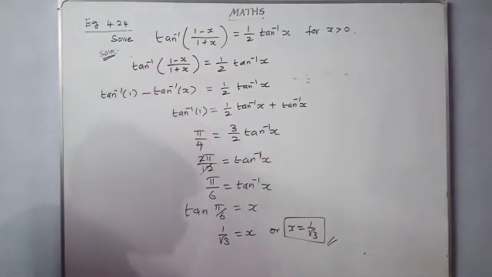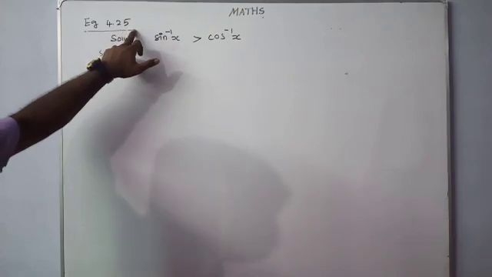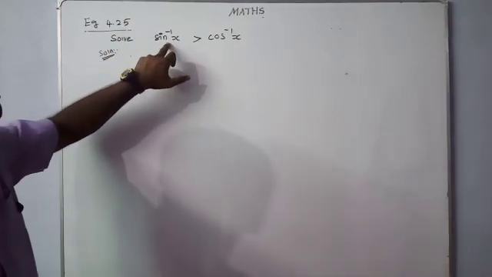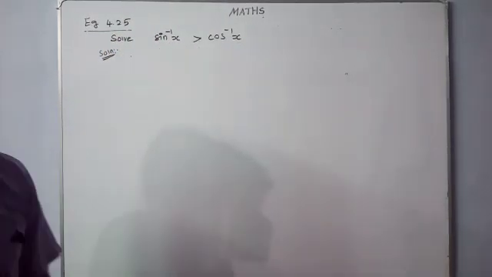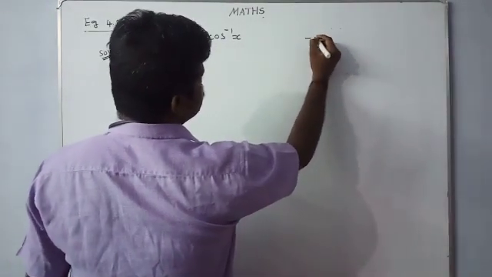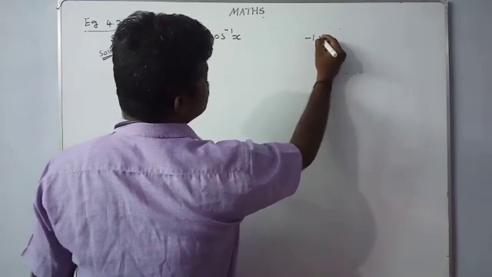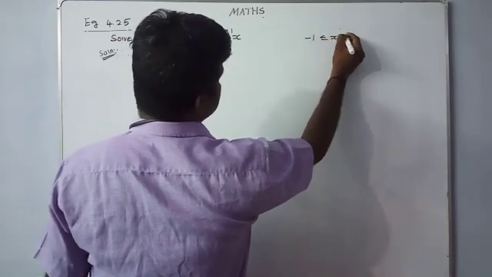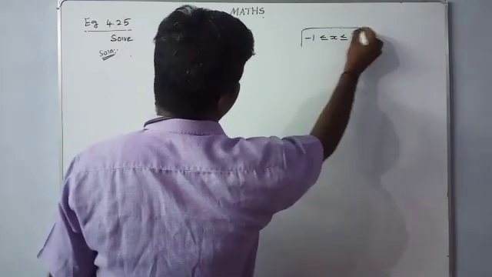Refer to the sum, Example 4.25. Solve sin inverse x greater than cos inverse x. We know that the domain of sin inverse x and cos inverse x is minus 1 less than or equal to x less than or equal to plus 1.